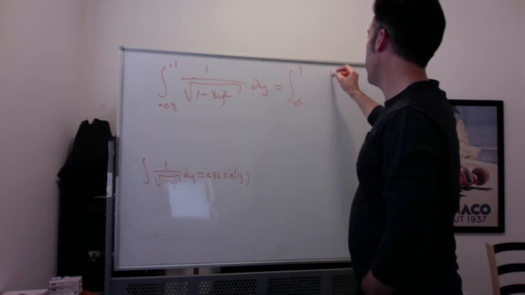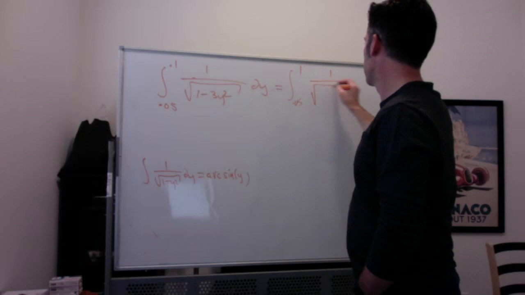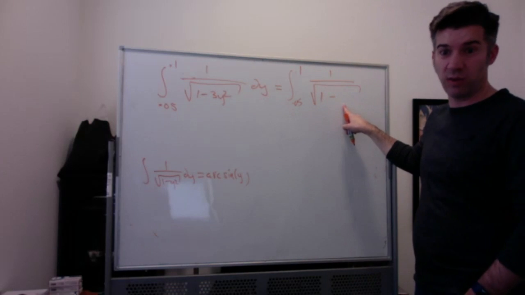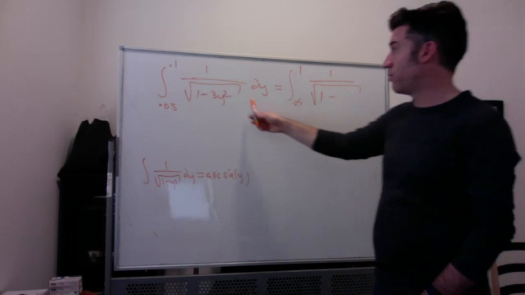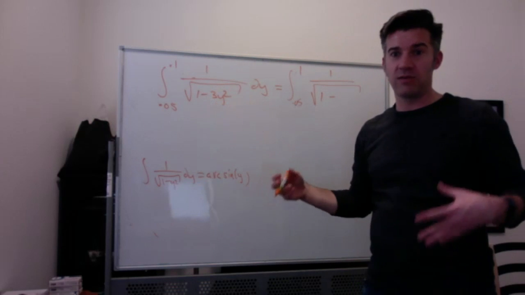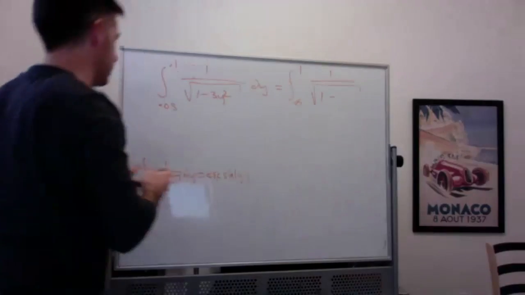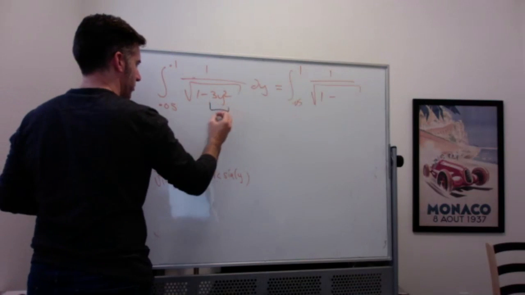So I want to have the square root of 1 minus, I would love to have the square root of like 1 minus x squared. So I'm going to rewrite 3y squared as some quantity squared. 3y squared is actually the quantity, the square root of 3 times y, squared.